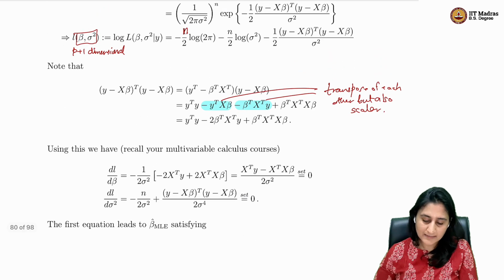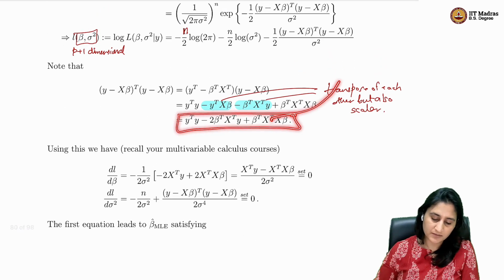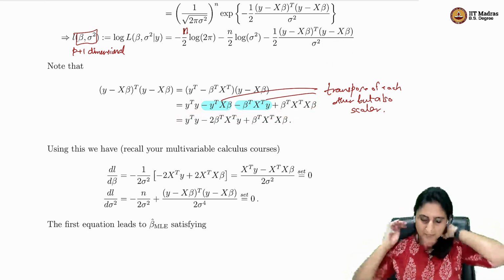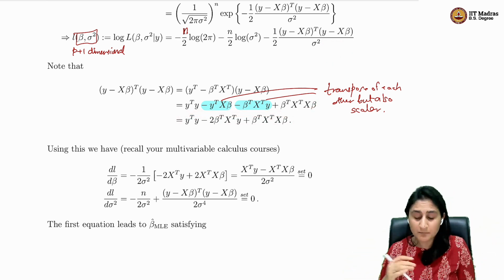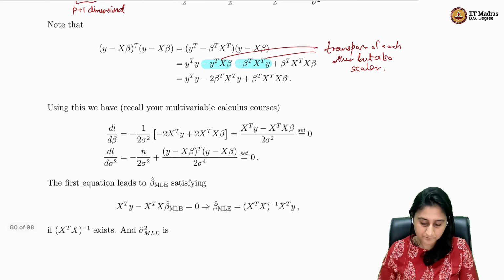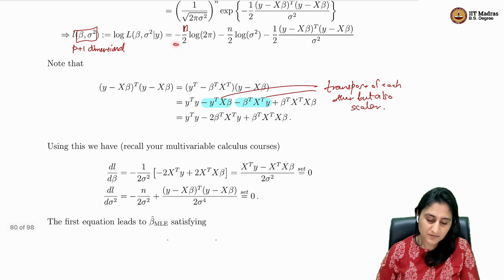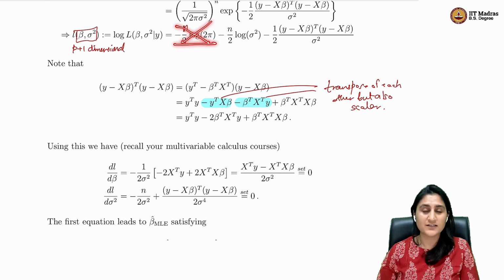Now at this point, I take this expression and I'm going to put it here in order to now take derivatives with respect to beta, right? So hopefully you're familiar with some multivariate calculus. Okay. So once I do that, this term is equal to 0, doesn't have any beta in it. This term doesn't have any beta in it.